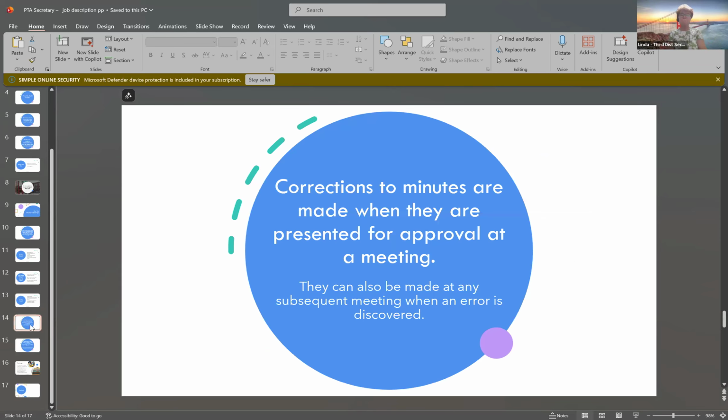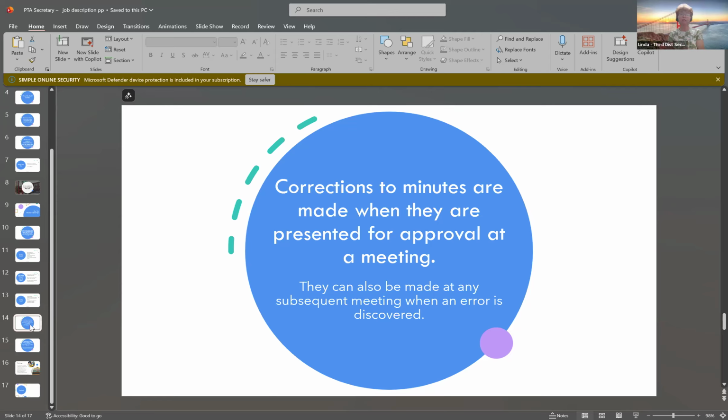I mentioned corrections. The minutes from the previous meeting are presented for approval at the meeting.